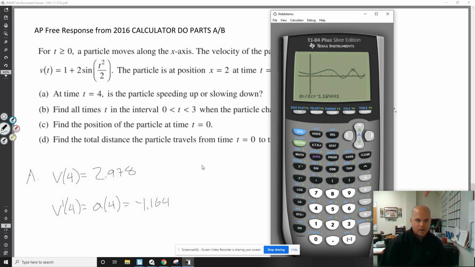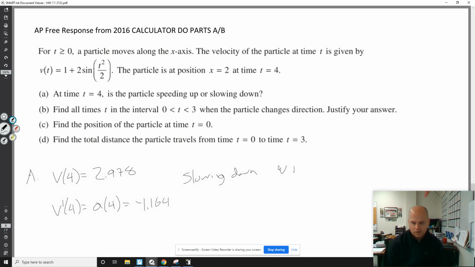Acceleration is negative, velocity is positive. Slowing down. Why? v and a have opposite signs is all you need. Or you could say my velocity is positive but decreasing from 2.9 to 2.5 to 2, going to the right but slowing down.